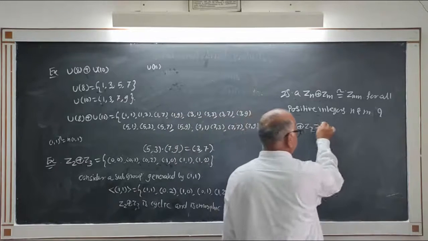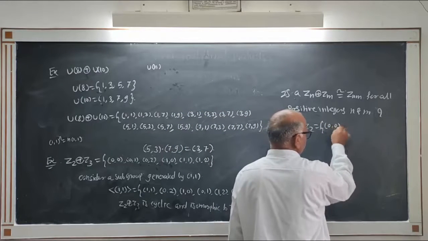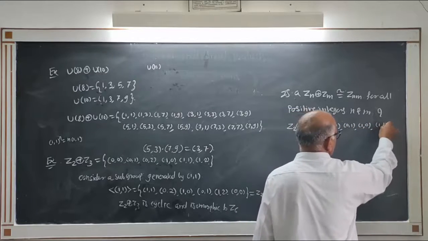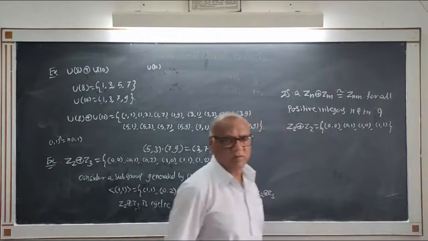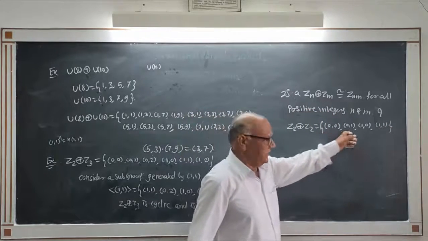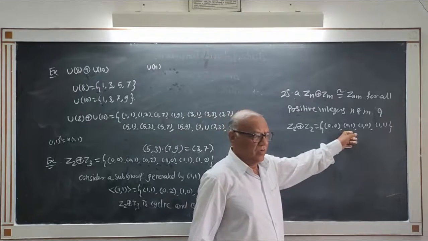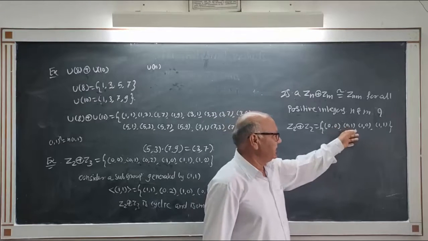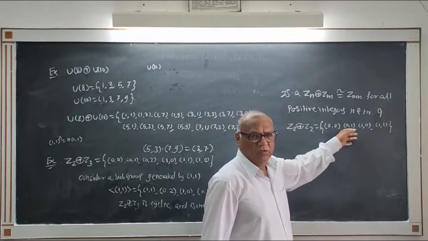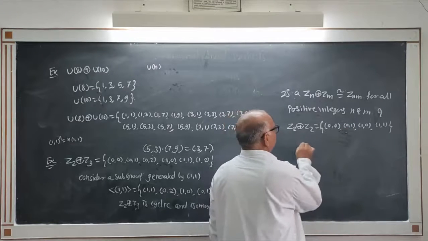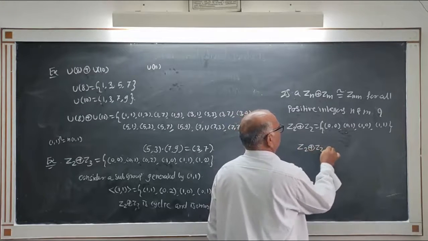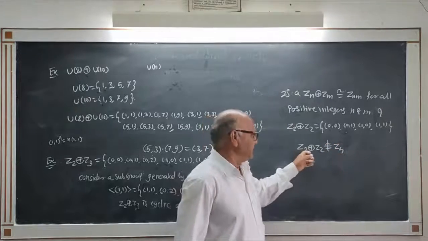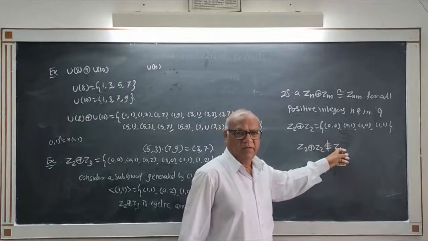It contains 4 elements: (0,0), (0,1), (1,0) and (1,1). This group has no element of order 4. So Z2 ⊕ Z2 is not isomorphic to Z4. Z4 is cyclic and this is not cyclic, so it is not isomorphic.